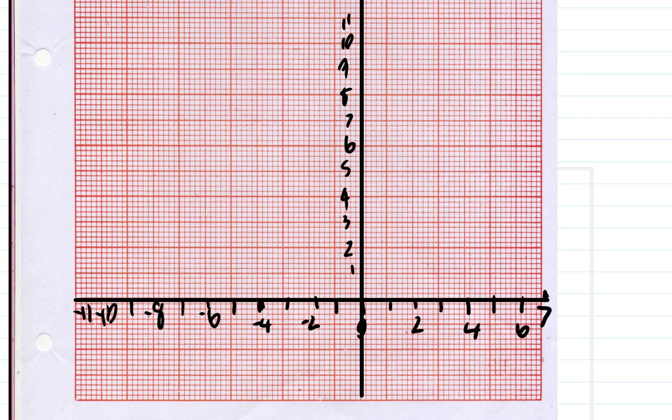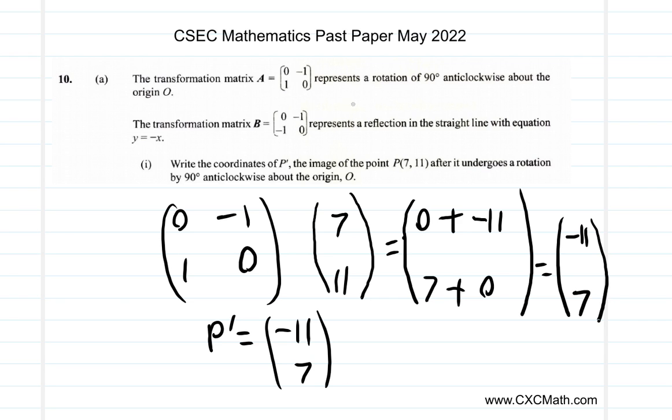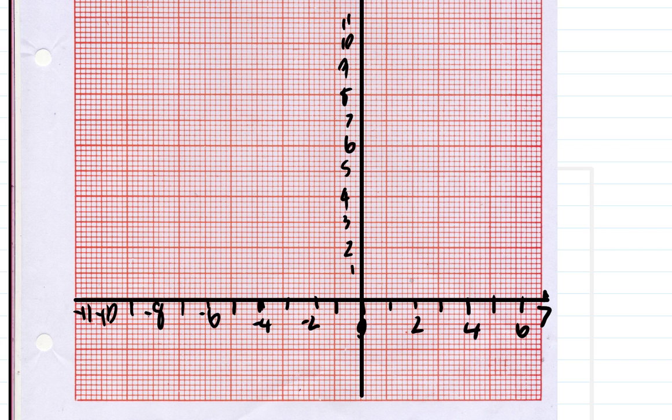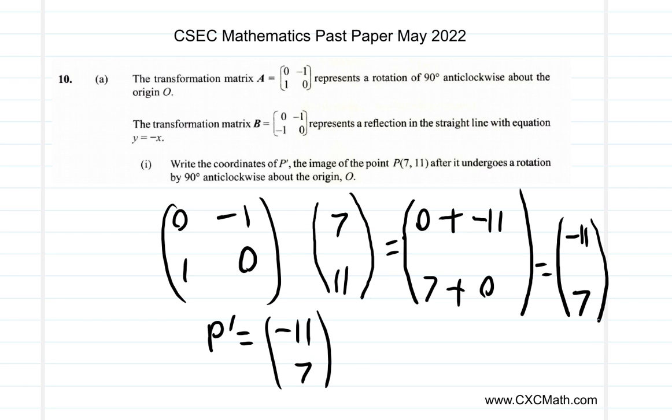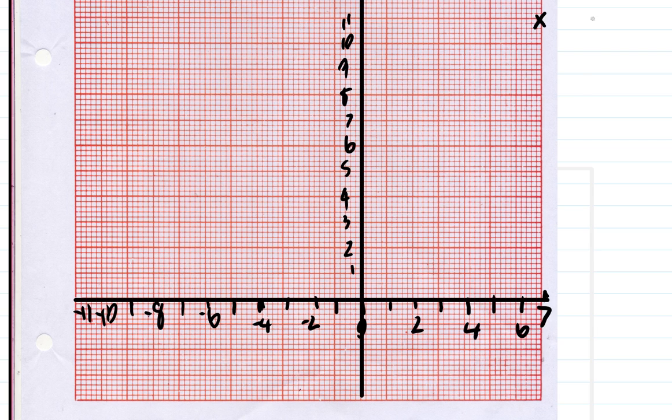Now P was at 7, 11, so x equals 7, y equals 11. Remember, this is just to visualize what is happening. You wouldn't do this in the exam. P prime is negative 11, 7, so it should be right here.